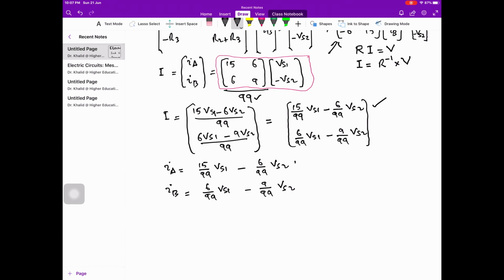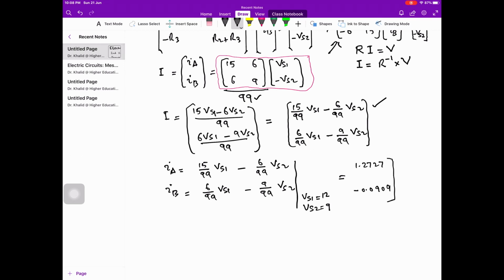Now, using values of VS1 equal to 12 and VS2 equal to 9 volt, if we compute it, it will be equal to 1.2727, and this will be equal to minus 0.0909.